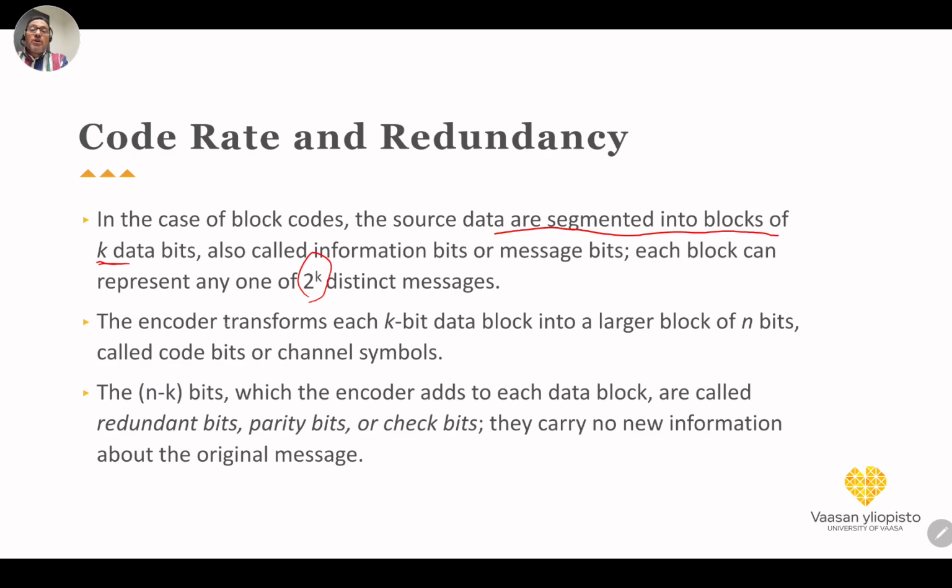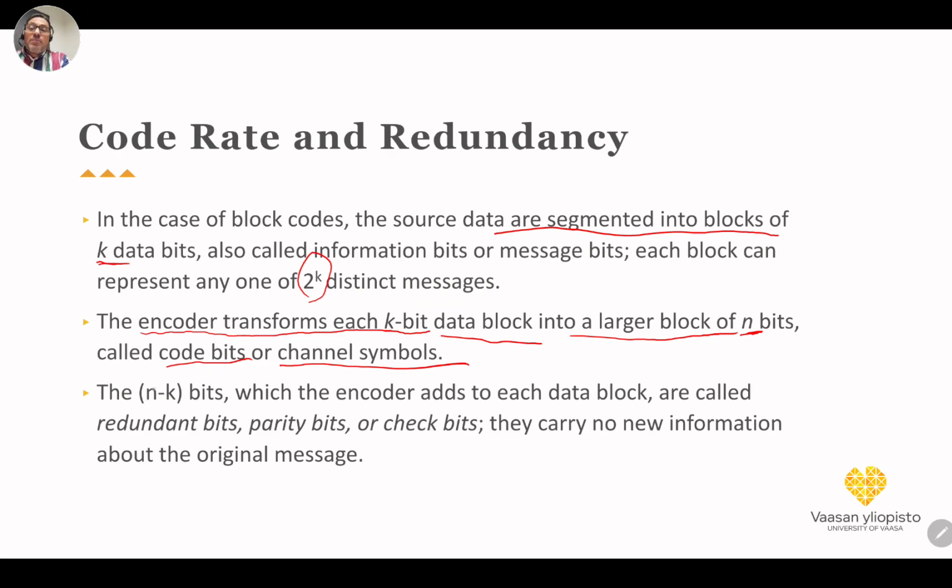The encoder transforms each k-bit data block into a larger block of n bits. This is called code bits or channel symbols. Now we have a larger number of bits per block: instead of k, we now have n bits.